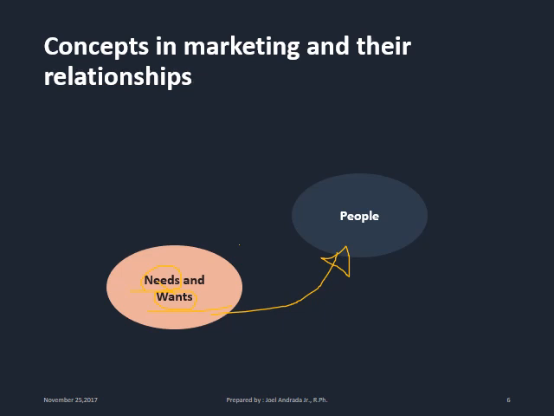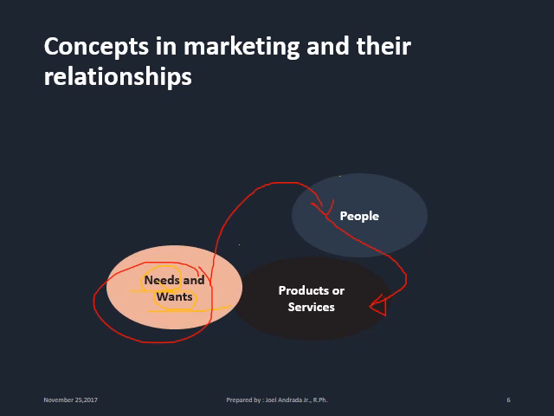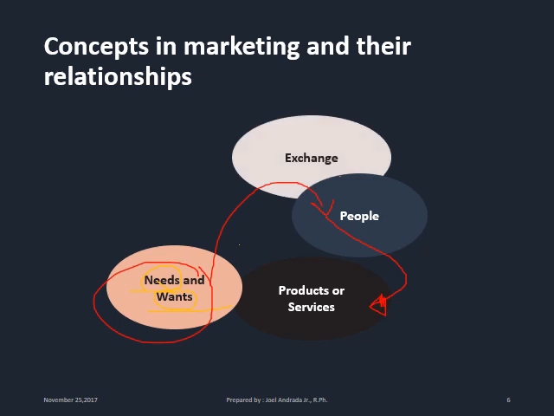The answer to the question how is through products or services. So we will be able to address the needs and the wants of the people through products or services. And this can be done through an exchange process.